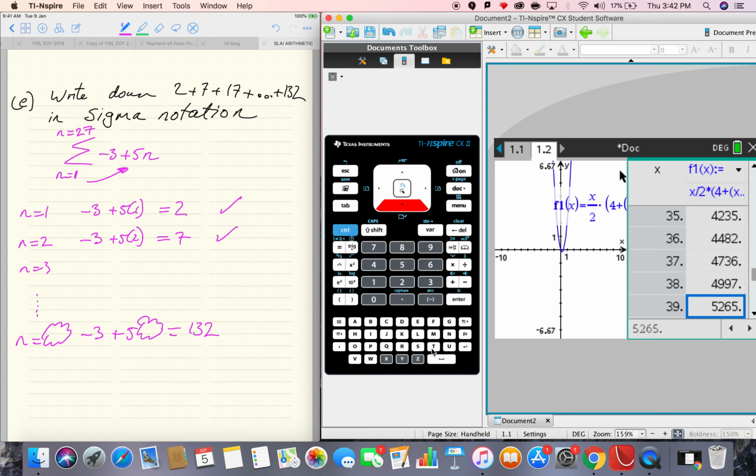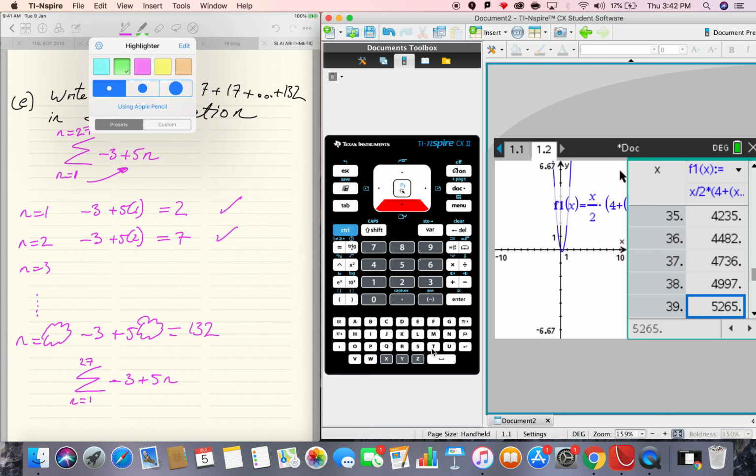Alright, now alternative variations to this. Sigma of minus 3 plus 5n. You could have maybe 1 to 27, and there'd be an understanding that you substitute the integer values from 1 all the way up to 27 into the n. So that's accepted notation. Sometimes I've seen just n equals 1 here. That's fine. Then something a little bit different is that the letter changes.